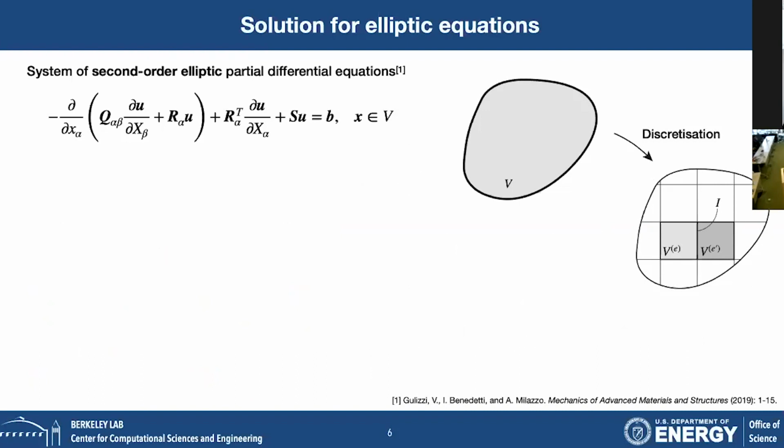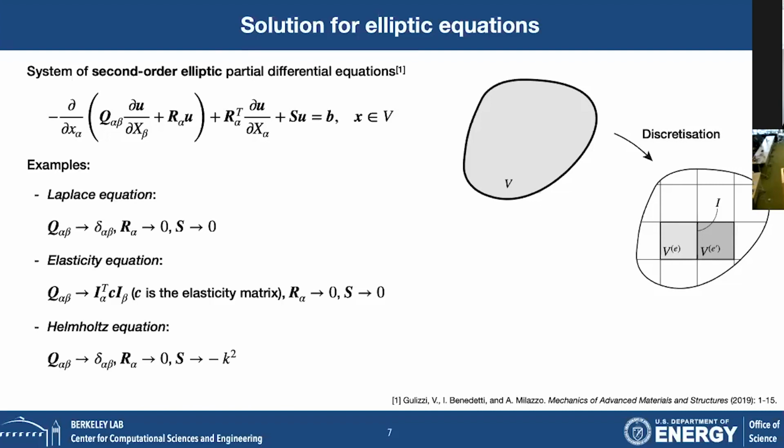It is related to my previous work, but it still belongs to the same framework that I am developing here. As you can see, I'm solving a general elliptic partial differential equation that can be specified to different kinds of equations that have application in many different fields.